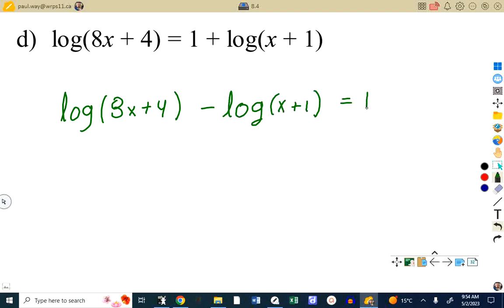By the way, we can do our non-permissible values here right now. 8x plus 4 must be greater than 0. So we're going to solve that. We're going to subtract 4 from both sides and divide by 8.